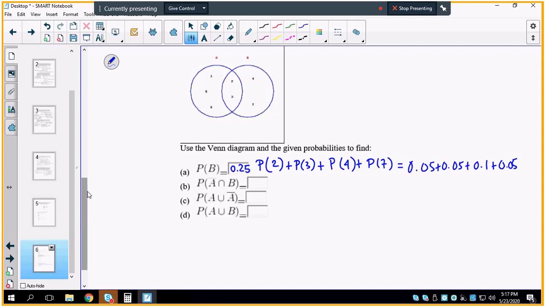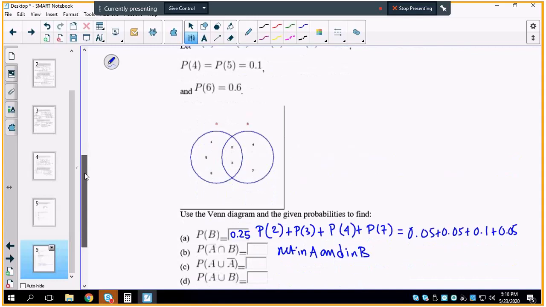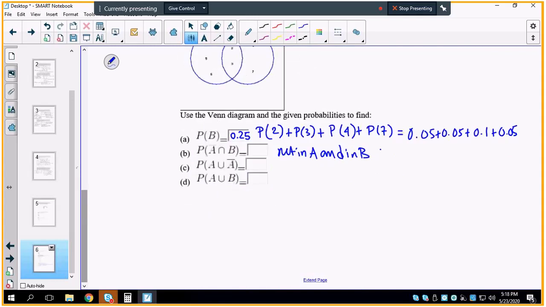Remember, A bar is whatever is not in A. So look for those things that are not in A, but they're in B. Not in A, but in B are 4 and 7. So this is probability of 4 plus probability of 7, 0.1 plus 0.05. So this is 0.15, and that's my answer here.